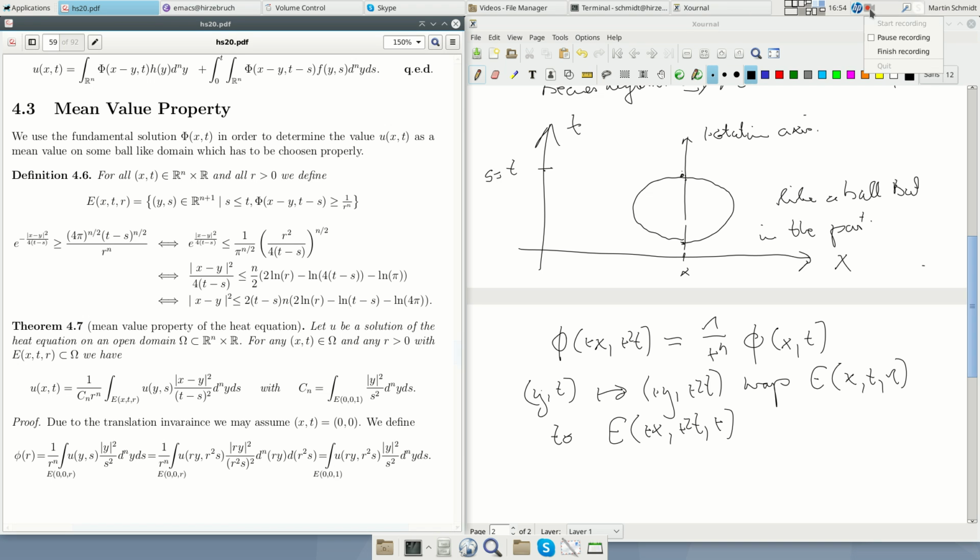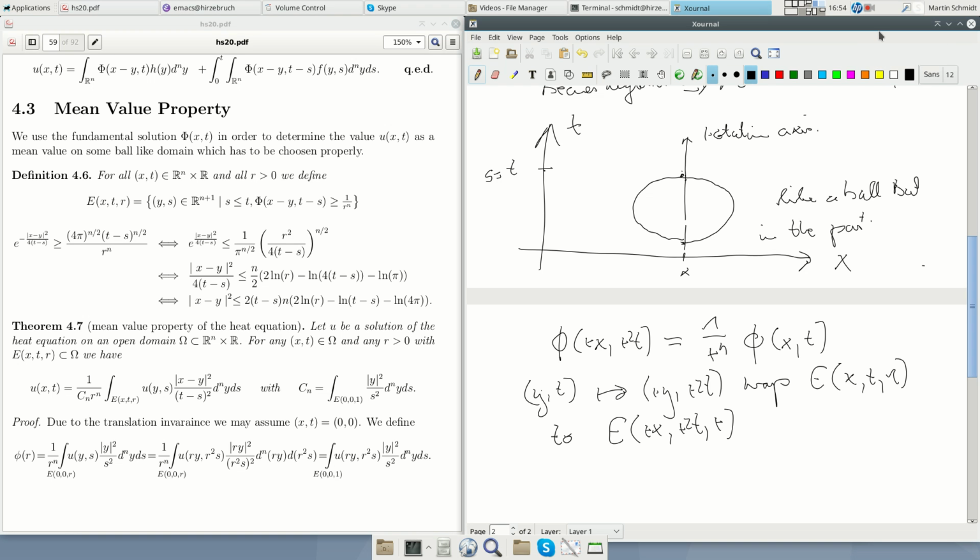If phi of x t is larger or equal to 1, this is equivalent by this formula to phi of r x, r squared t being larger or equal to 1 over r^n.